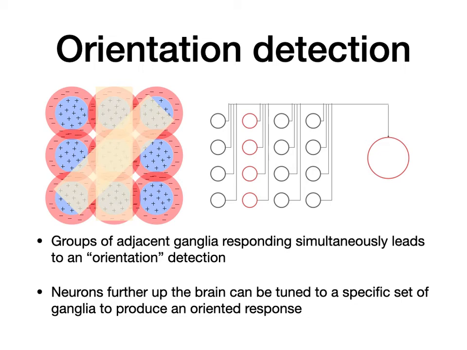These are useful cues that we can pull in from the outside world and not just have it be this raw dot pattern of light, but we're actually getting into constructs, into things that are useful for us. So these groups of adjacent ganglia can give us this detection of orientation, and then further up in the brain, they can be tuned to specific sets of ganglia for these different orientation responses. So that's really great.